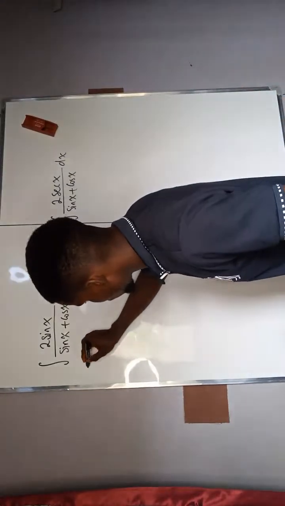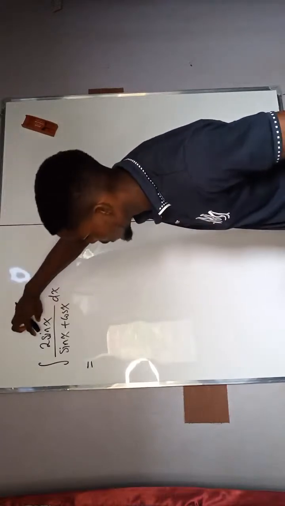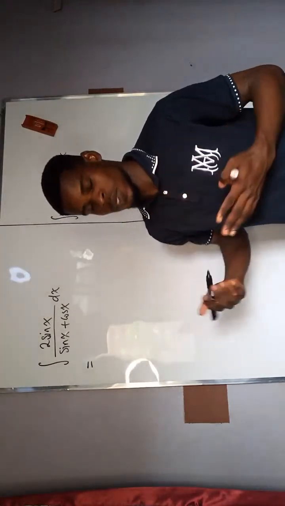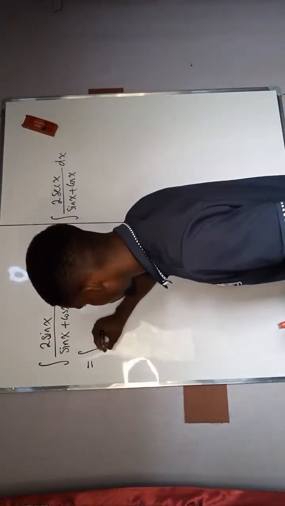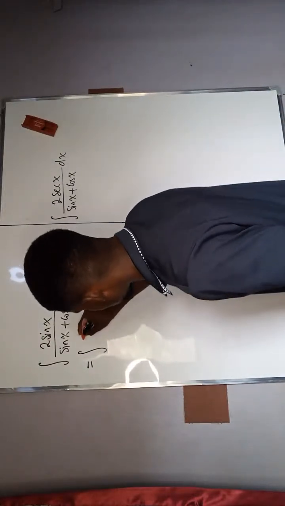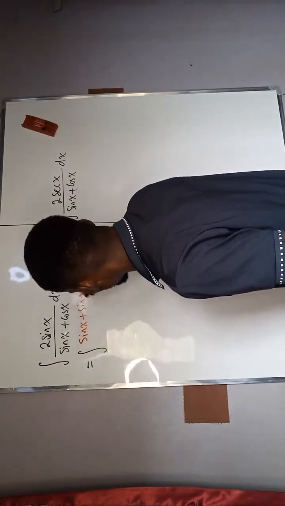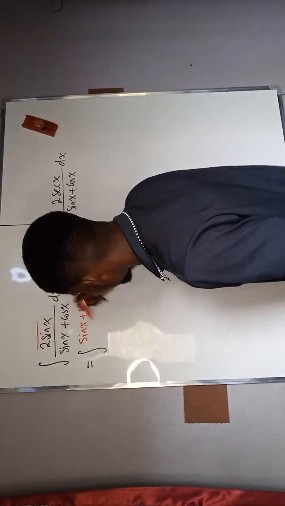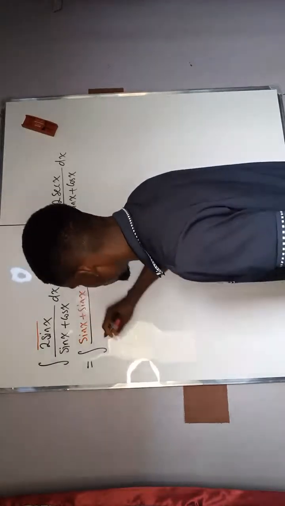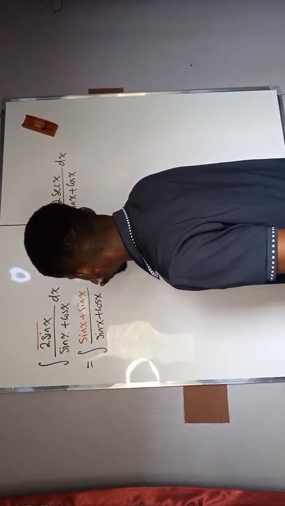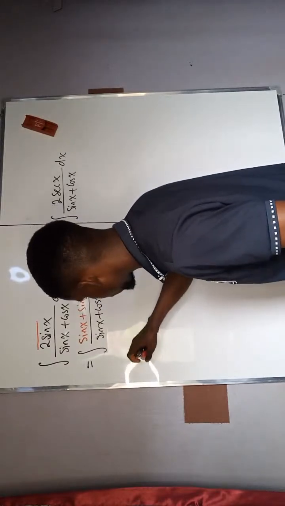So to do this, we'll first rewrite 2 sine x as sine x plus sine x, which gives us 2 sine x. We divide this by the denominator, which stays the same, sine x plus cosine of x. We put the dx over here.